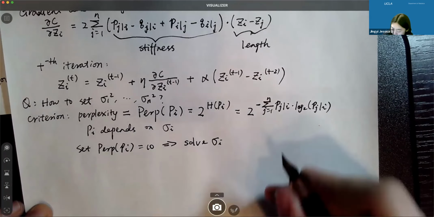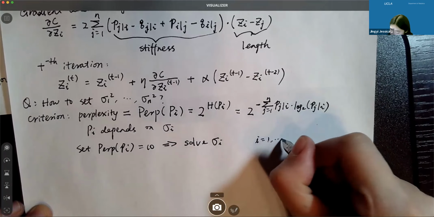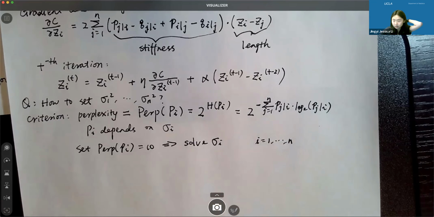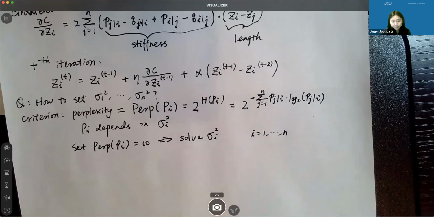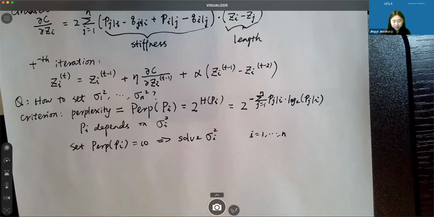And you could do that for all the i's, i from 1 to n. So you still allow each point being the center to have a different sigma i squared, but you set the perplexity to be the same.